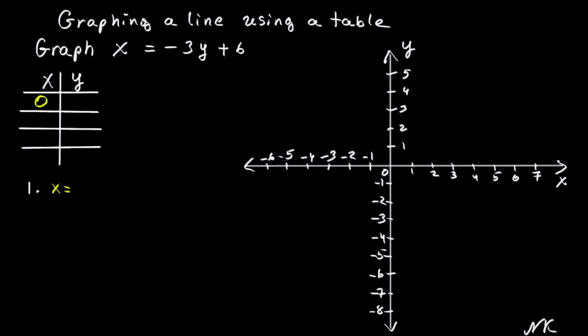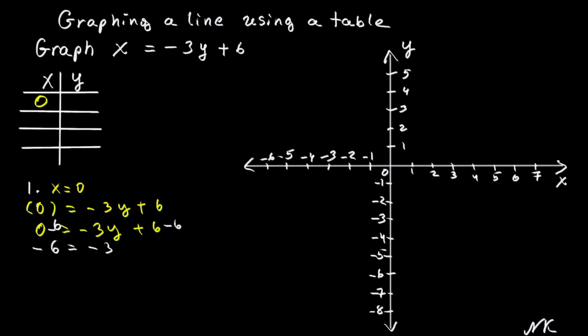So I'm going to plug x equals 0 into the original equation, and we get x equals -3y plus 6, and instead of x we're going to use 0. This will give us 0 equals -3y plus 6. Let's subtract 6 on both sides and we get -6 equals -3y.